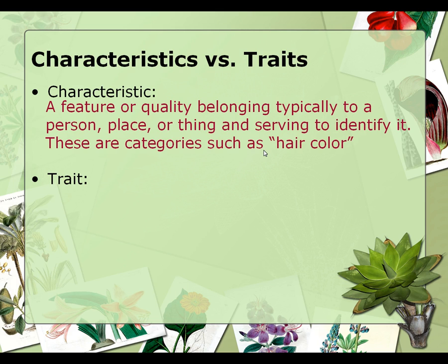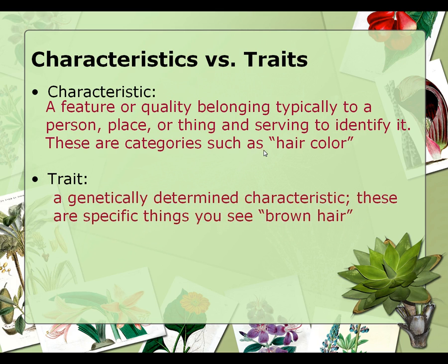These are all characteristics of that person. Now, a trait is a little bit different. A trait is a genetically determined characteristic. So while you may describe that your friend has blue hair, that's not really a trait. The trait would be whatever their hair color is underneath the blue. All of this to say, your book makes an effort to distinguish between these two.